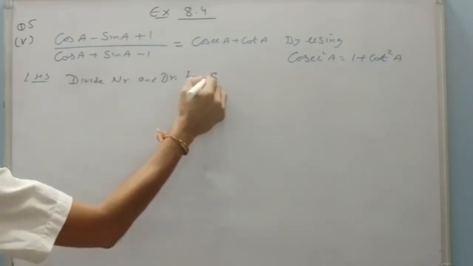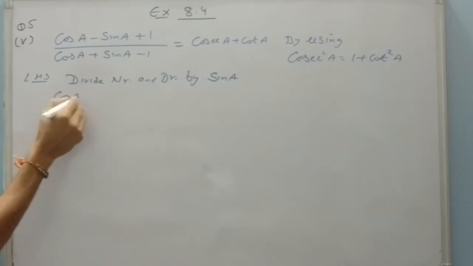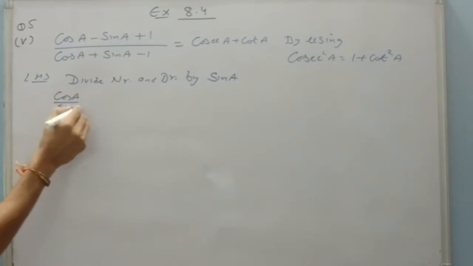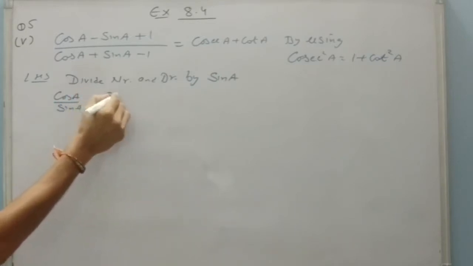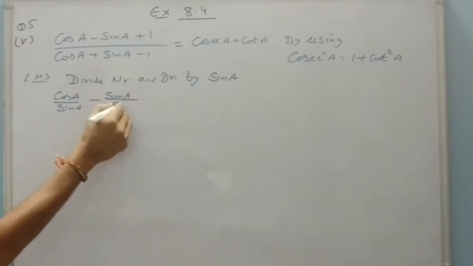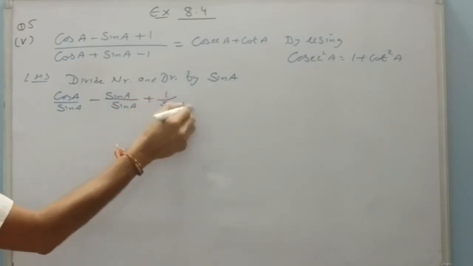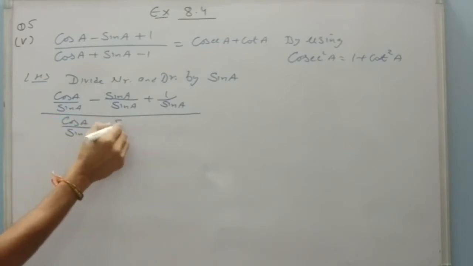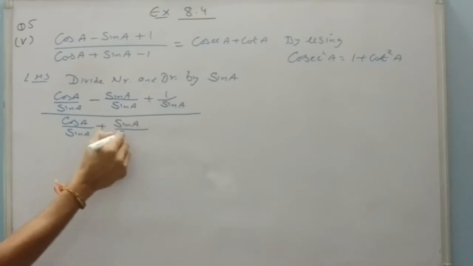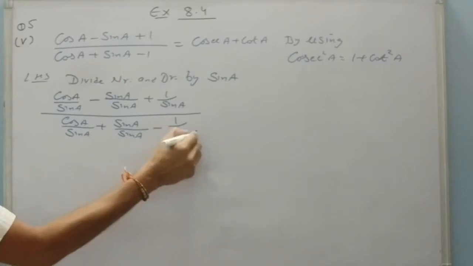So dividing by sine A, I get cos A upon sine A minus sine A upon sine A plus 1 upon sine A. Similarly, this will be cos A upon sine A plus sine A upon sine A minus 1 upon sine A.